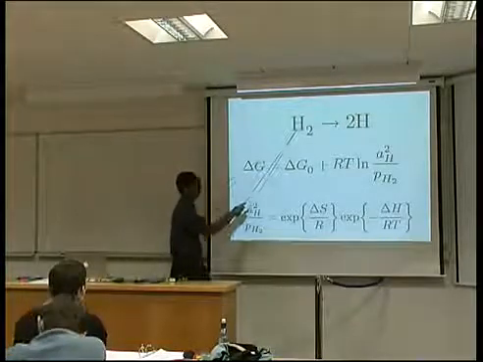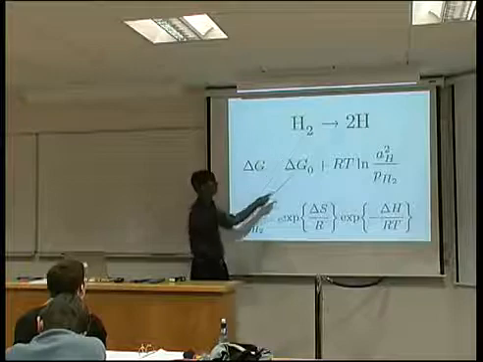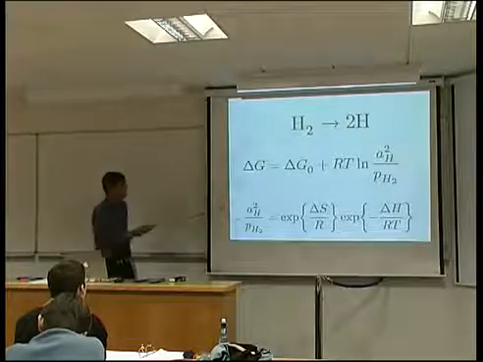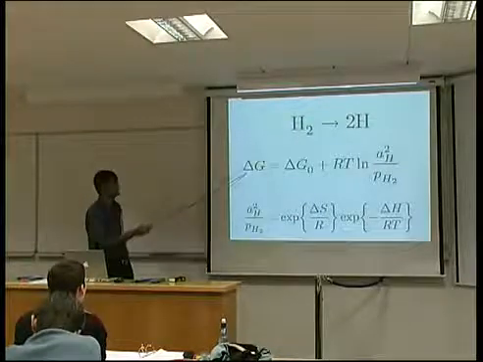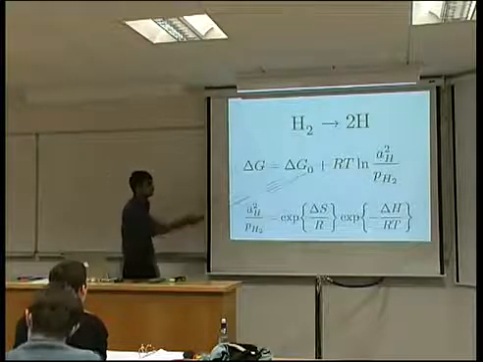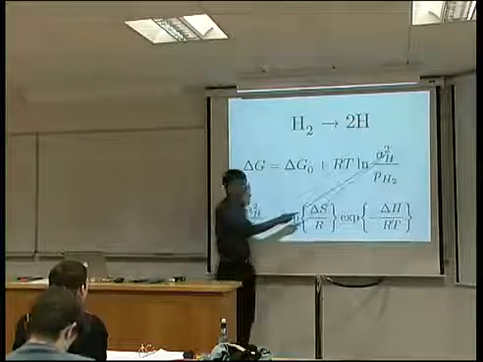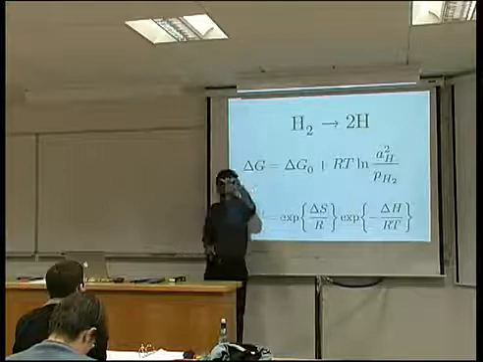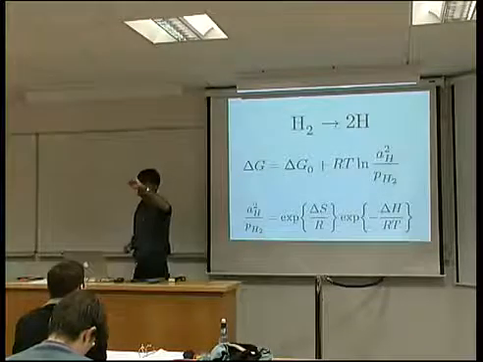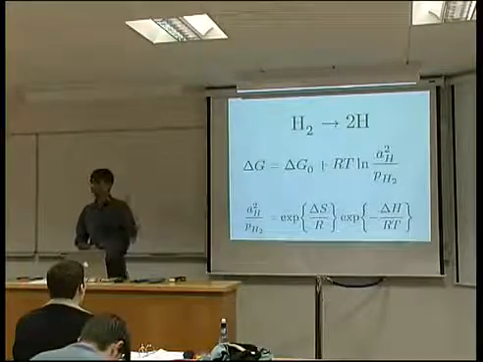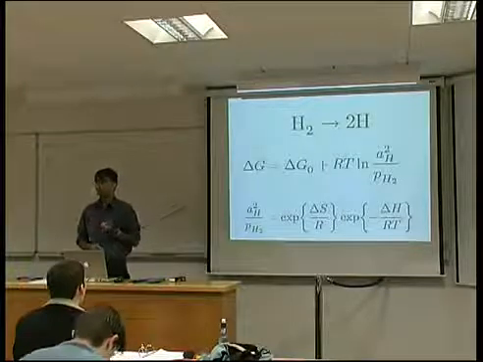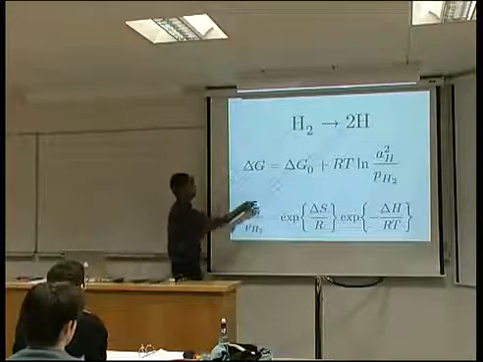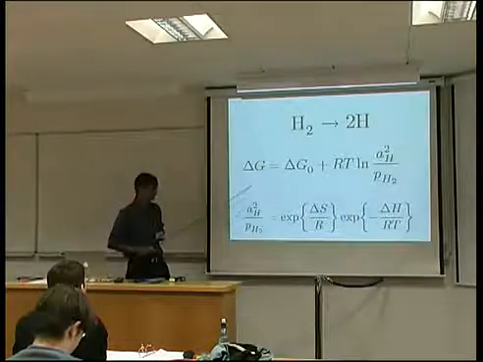If you look at the dissolution of hydrogen into its atomic state in titanium, or indeed in any other metal, then you can express the free energy change as a standard free energy change plus RT log the activity of hydrogen inside your material and the partial pressure of gaseous hydrogen. Are you familiar with this? You remember the Ellingham diagrams? So this is just an expression for the free energy change when you dissolve hydrogen inside the metal.